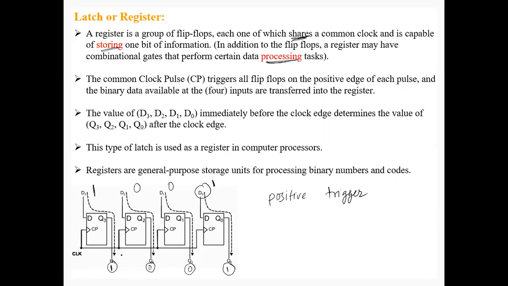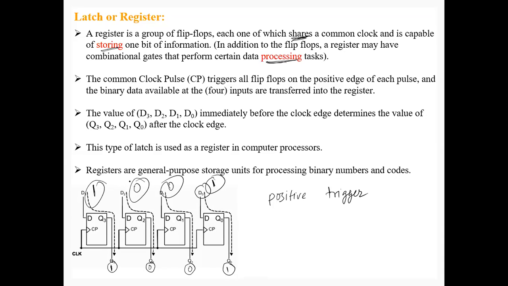At the positive trigger, the binary data transfers from input to output. Okay, so what is this 1, 1, 0, 0, 1?